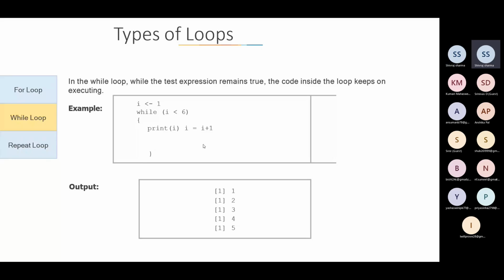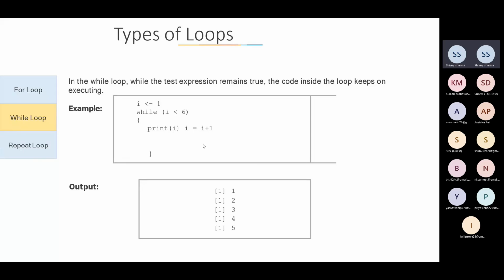So what we did in this example here: the value of I is 1 at the initial level. Up to what number of iterations must it run?